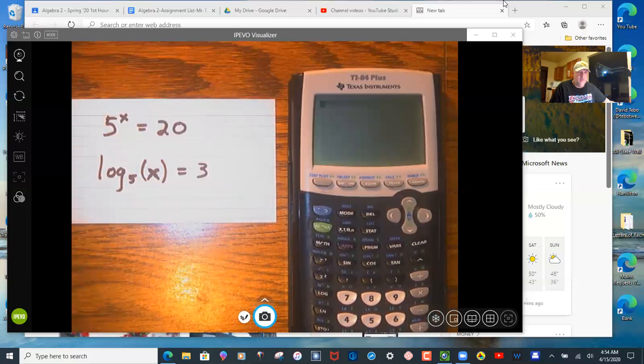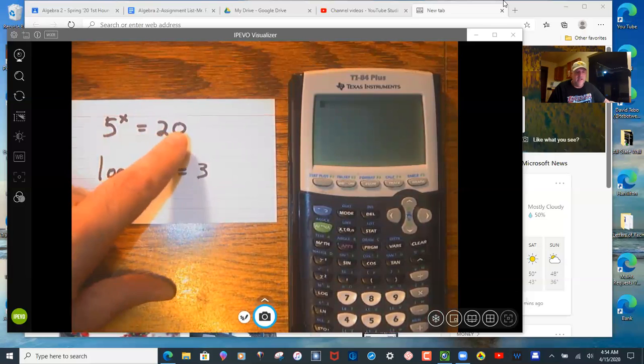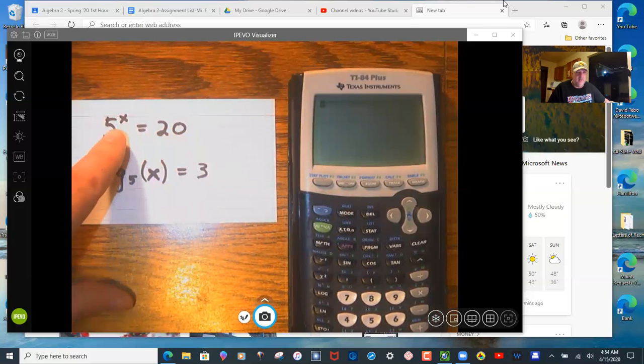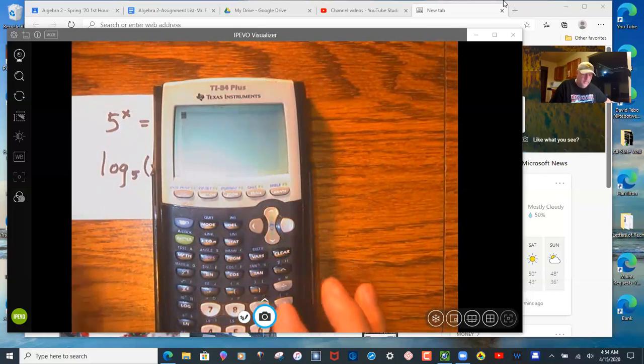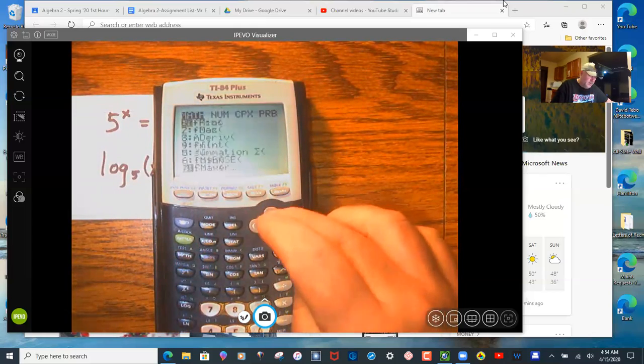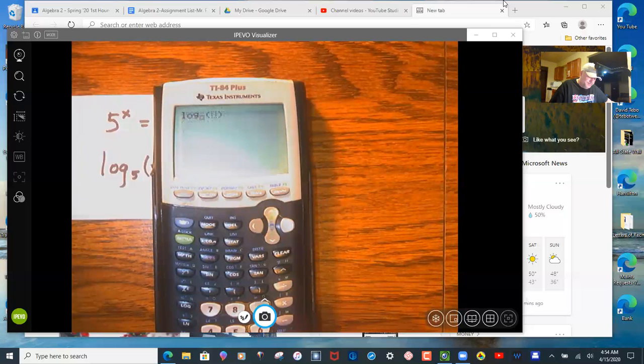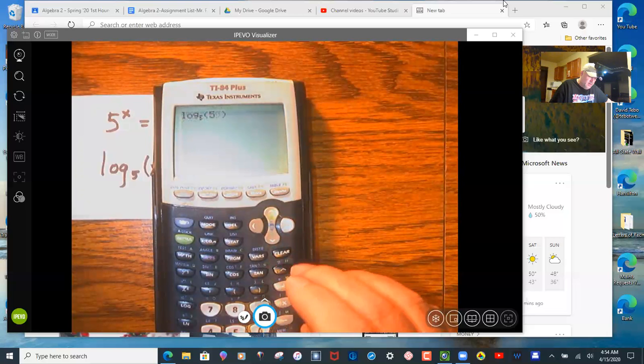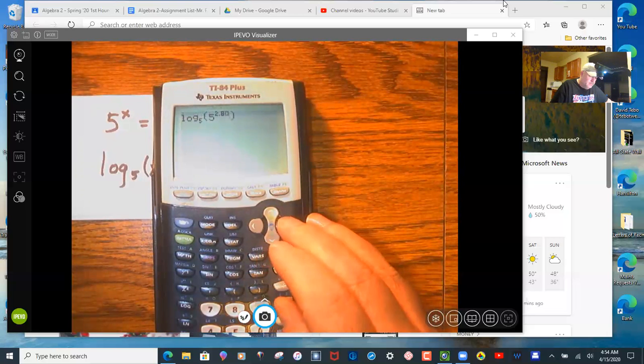So what I have shown you is that we have to do a log base 5 in this top one on each side, but we're not going to worry about the right side. I just want to let x be 2.8 and show you what that does. So yes, I am going to use my log base key. Now I'm going to put in 5 to the 2.8 power.